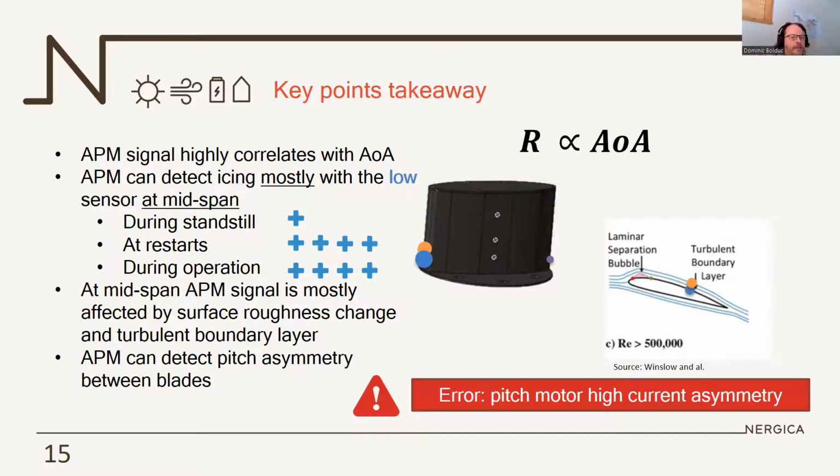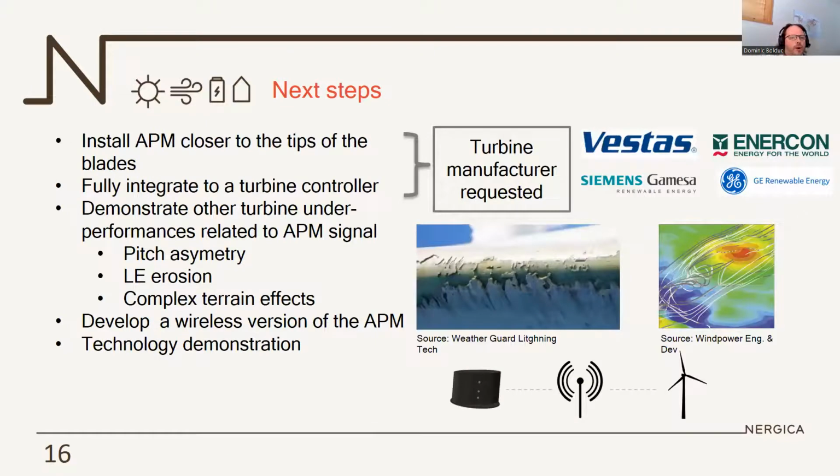At mid-span, the APM signal is mostly affected by surface roughness and the change of turbulent boundary layer. And also APM can detect pitch asymmetry, which is the thing that we didn't expect to see at this time. So next step, we want to install the APM a little bit closer to the tip to see how it will react.